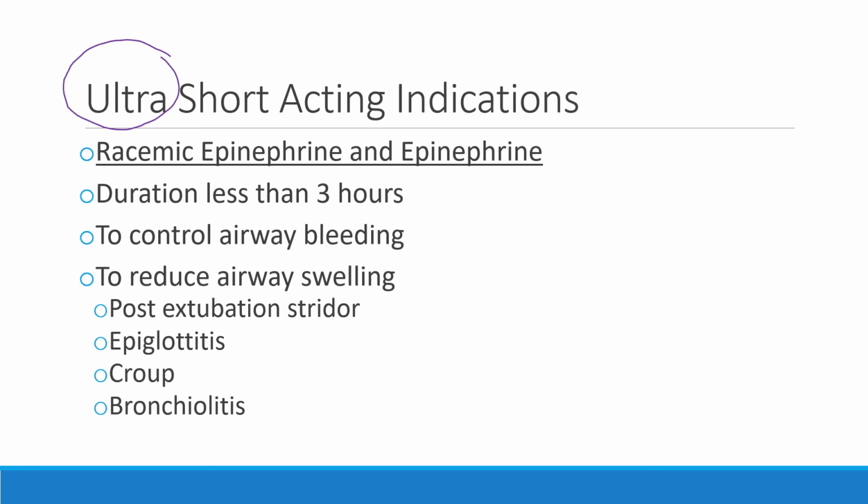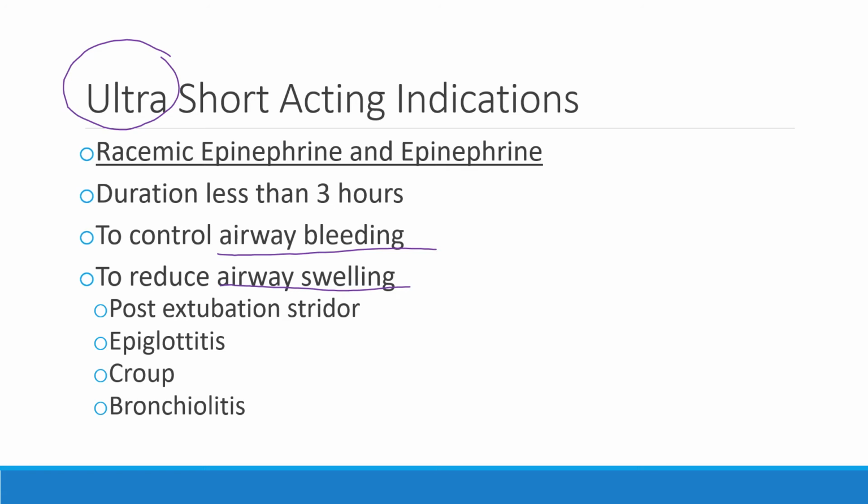With ultra-short-acting, the big thing is to control airway bleeding or reduce airway swelling. So ultra-short-acting controls airway bleeding or swelling, short-acting reverses acute airflow obstruction, and long-acting helps with maintenance.